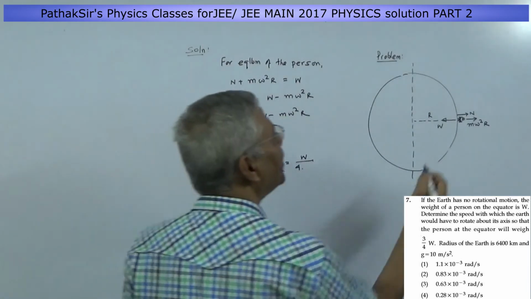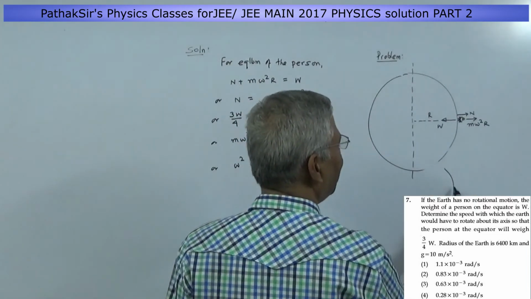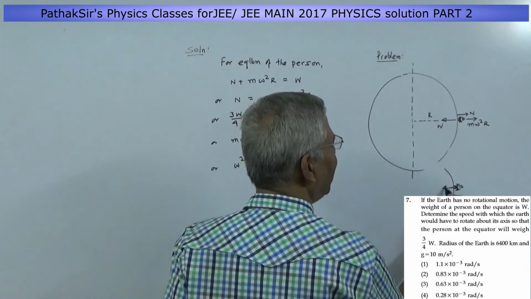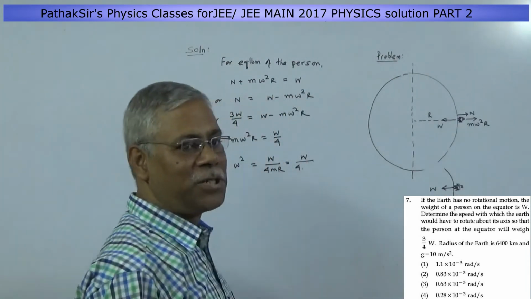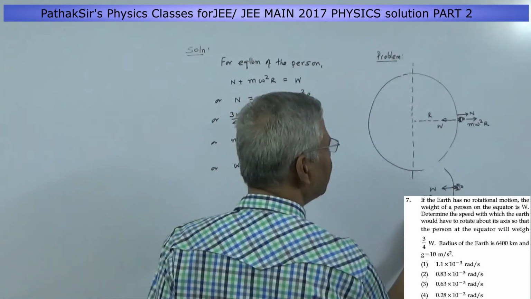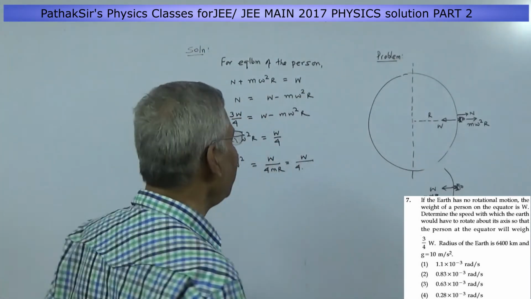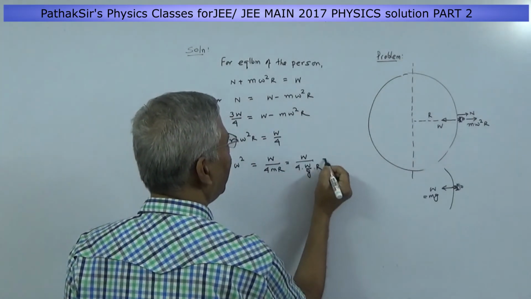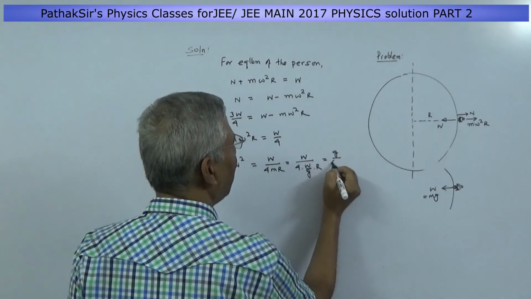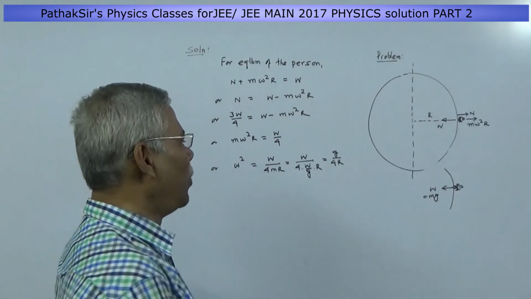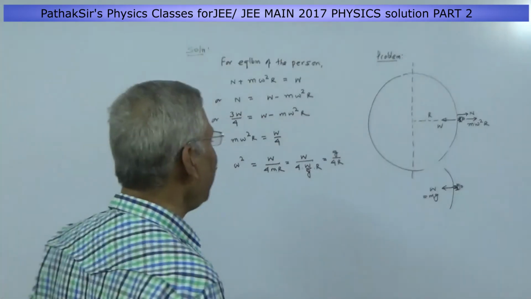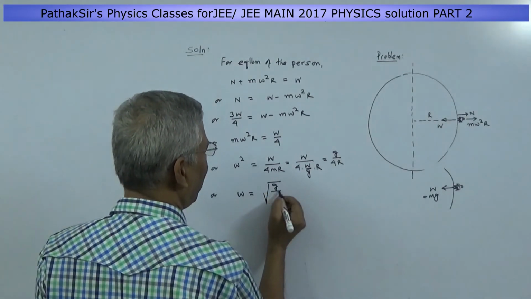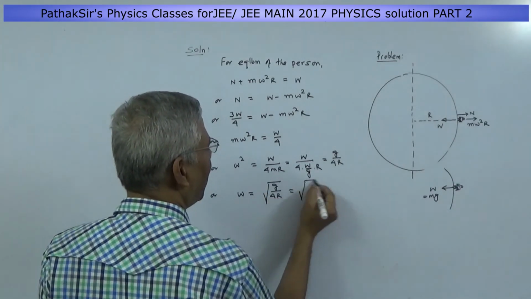What is W? In the absence of rotation, suppose the earth is not rotating, in that case the weight is W, that means W equal to m into g. So omega square equal to g by 4r, or omega equal to root over g by 4r.